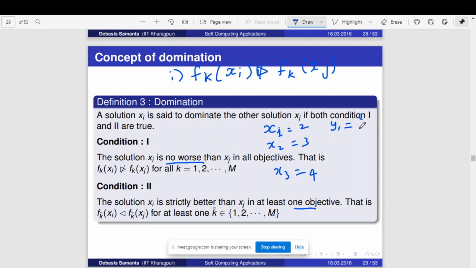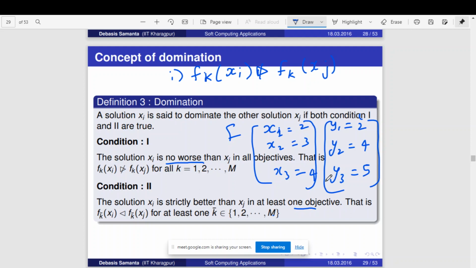Say y1 is equal to 2, y2 is equal to 4, y3 is equal to 5. Say this is one objective function. Okay, the first objective function is giving this result, the second objective function is giving this result.